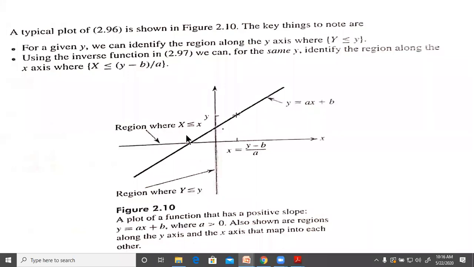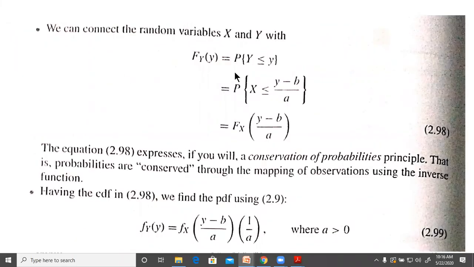So we have regions along the y-axis and the x-axis that map into each other, the region where Y is less than y, and the region where X is less than x. Once we do that, we can easily find F_Y(y).